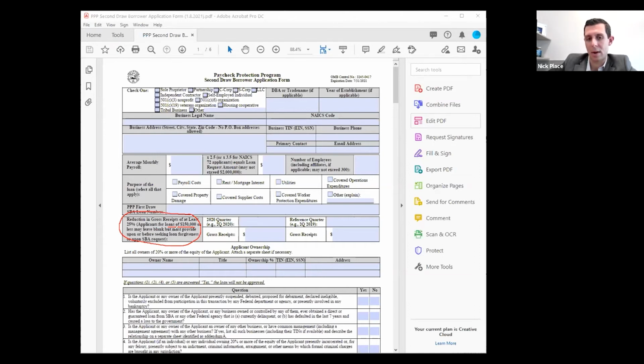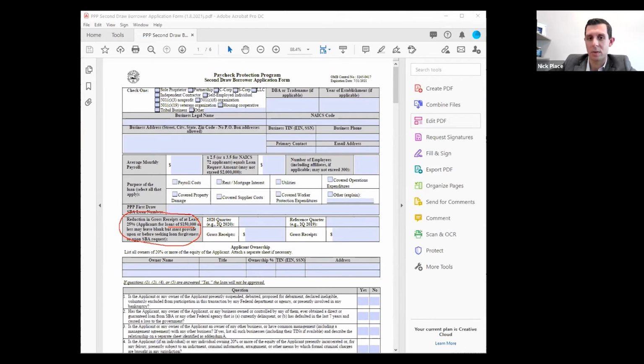Our bank, as a matter of practice, is gathering revenue reduction information on every loan that we are processing on the front end, regardless of size, because you have to show that information for forgiveness.